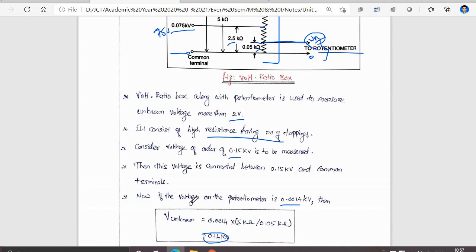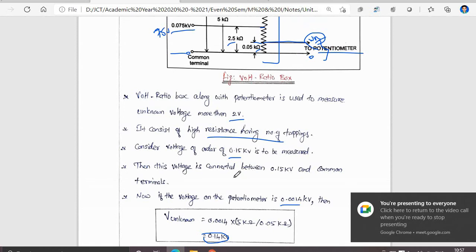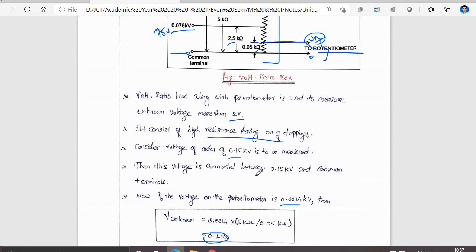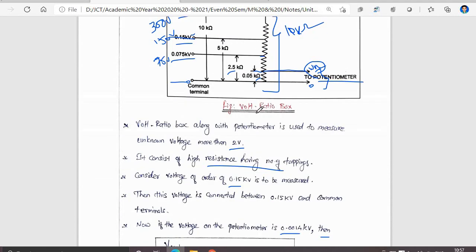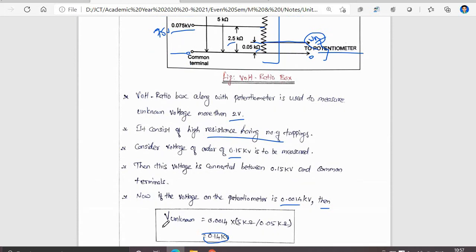If this voltage is connected between the 0.15 kV and common terminals, and the voltage on the potentiometer is 0.014 kV, then we can find out the unknown voltage.